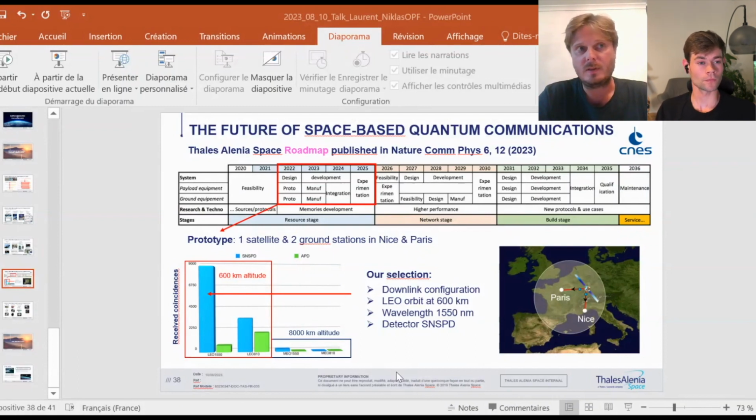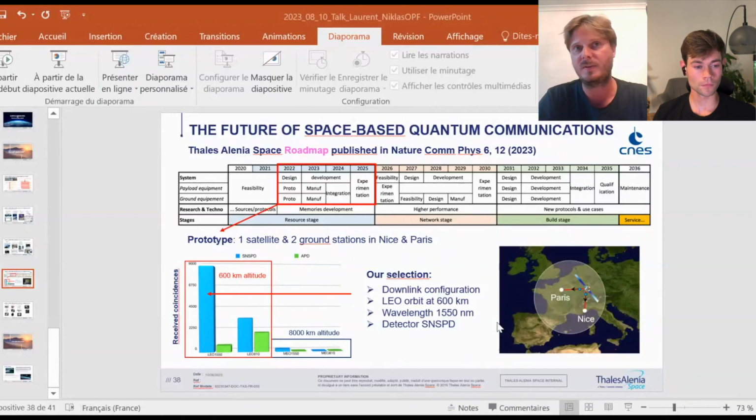Okay, so you have to keep in mind that in quantum information networks, you cannot amplify the signal. In this picture, it's a bit misleading because you can think of a very powerful laser embarked in the satellite, but this is not a powerful laser. In fact, it's a few nanowatts of light.